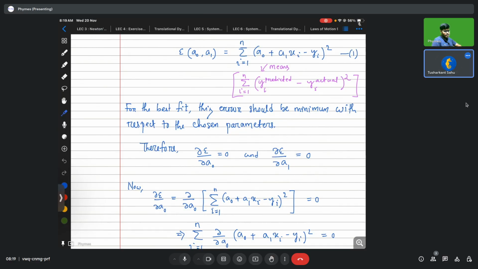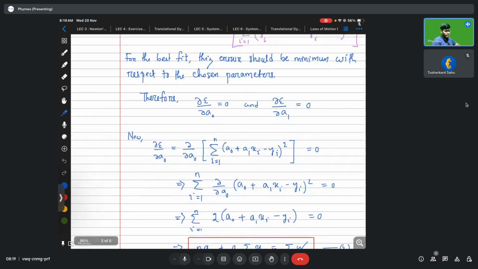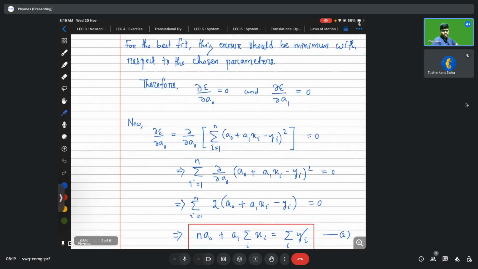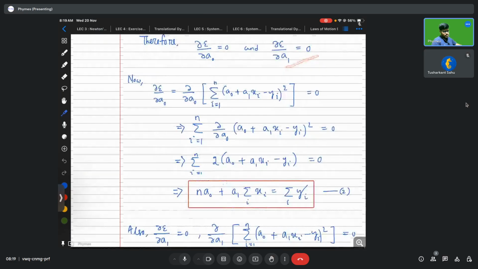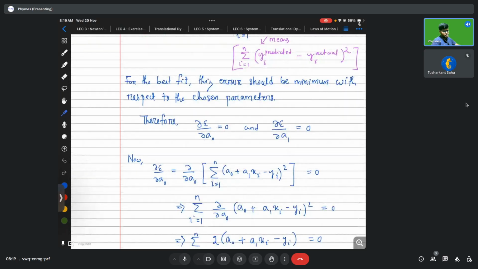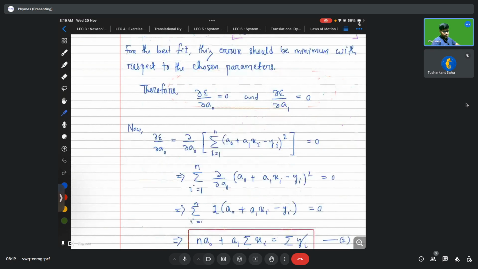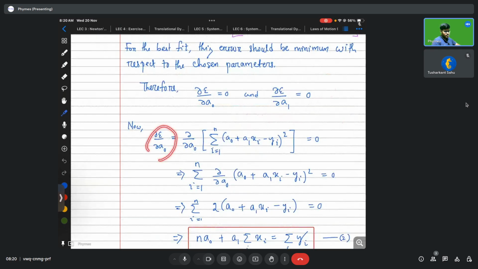Okay. So this way we proceed. The standard procedure to find a minimum of a function, or a maximum, can also be found in this way. So here we are first taking the derivative of this function with respect to a0, right? So take the partial derivative of this function with respect to a0.